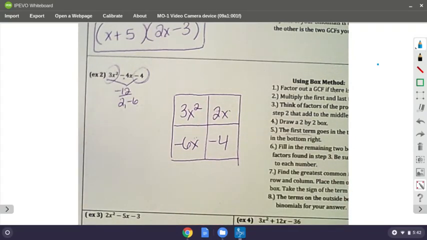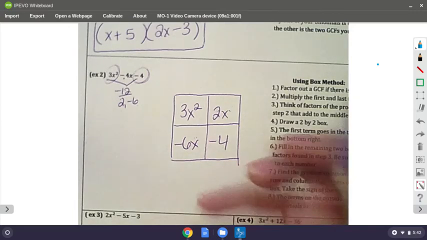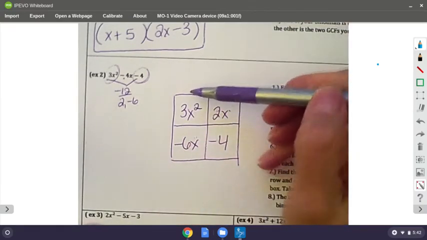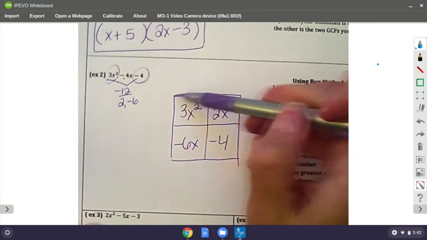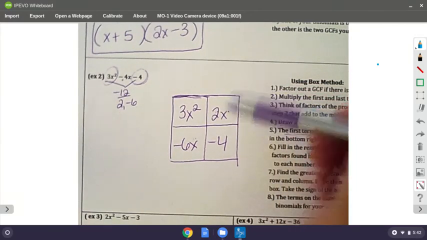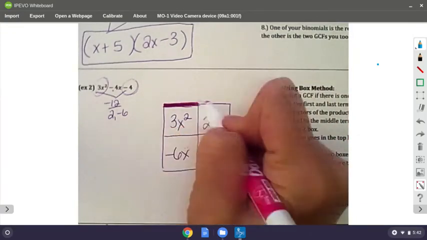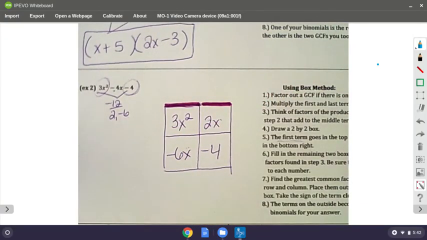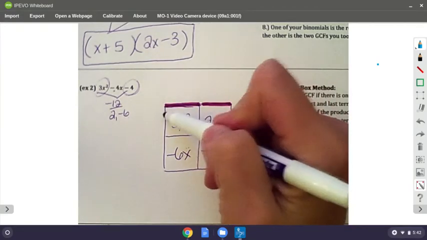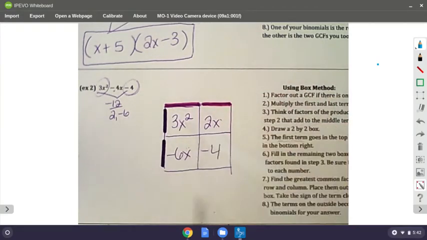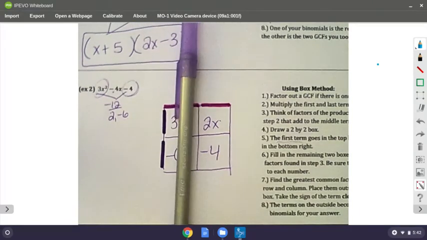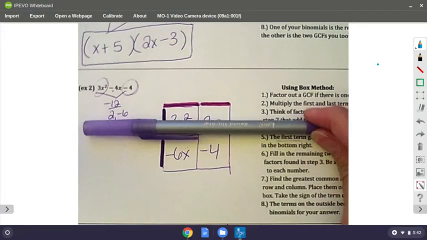Okay. The next thing you do is on the top of each column, and then on the left of each row, you identify, not take out, identify the GCF of each column and each row.